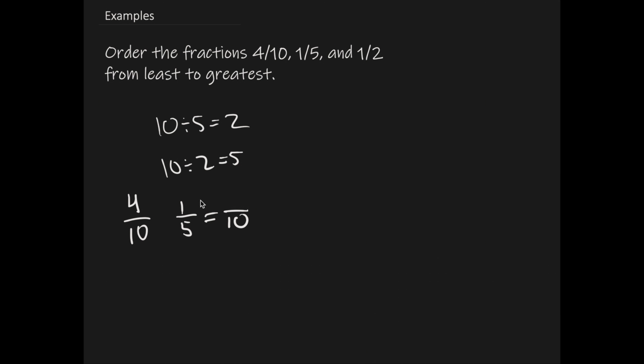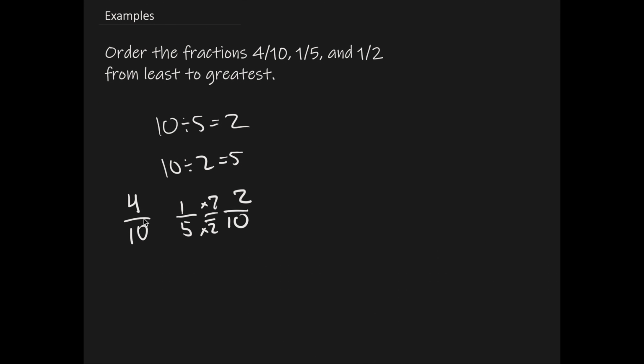How do we convert it? To get to 10, we multiply 5 by 2, which equals 10. To get the numerator, we multiply by 2 again: 1 times 2 equals 2. So 1/5 is equal to 2/10.